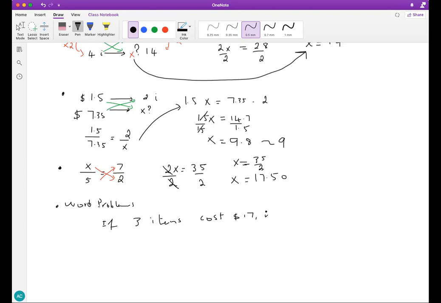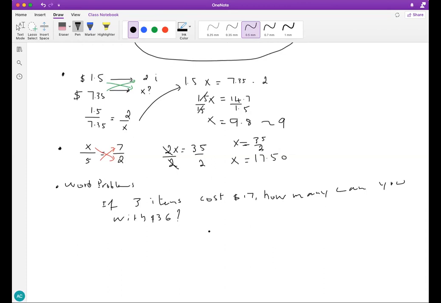How many items can you buy with, let's say, $36? Okay, so that's a typical word problem that you may find that you need to solve.